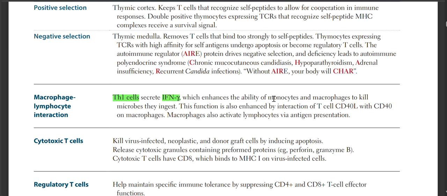Now, there is one important thing that you need to remember, and this is not specifically for the interaction between these two molecules, but it's more about macrophages. So, what's the difference between a monocyte and a macrophage?